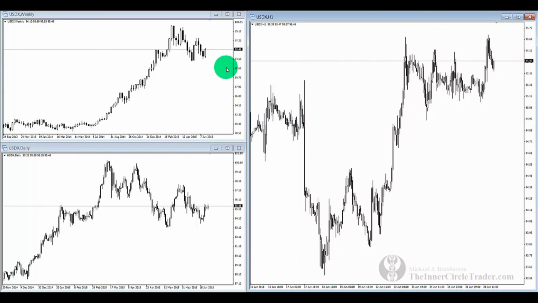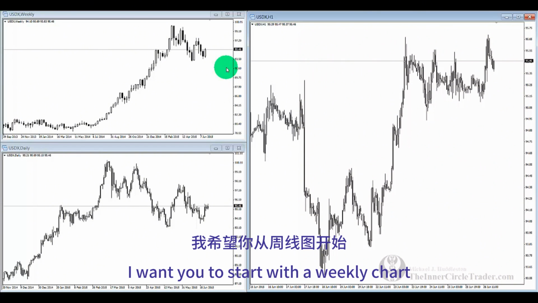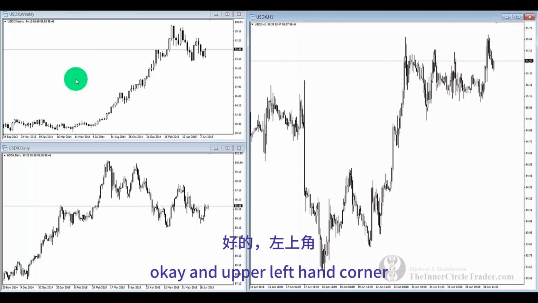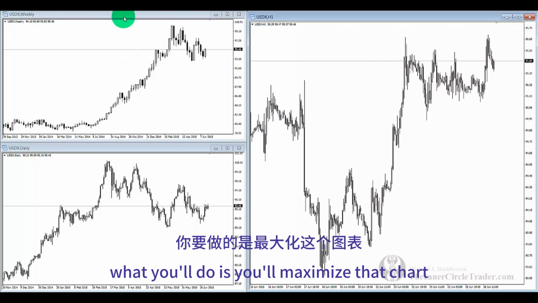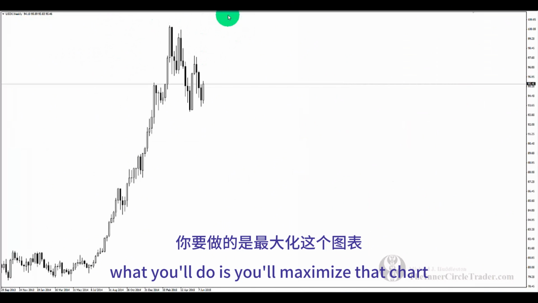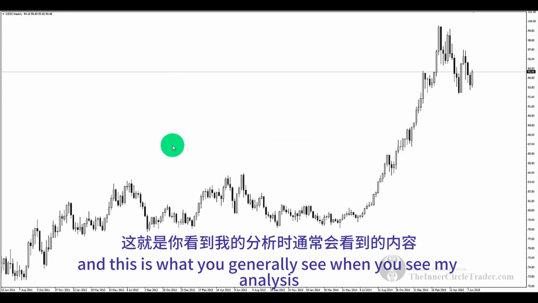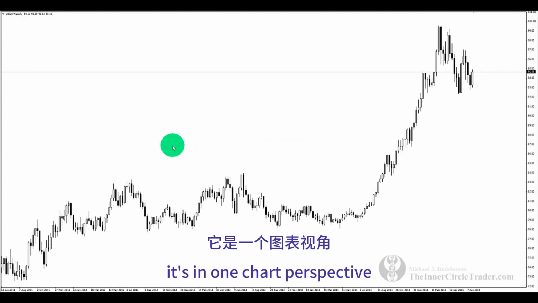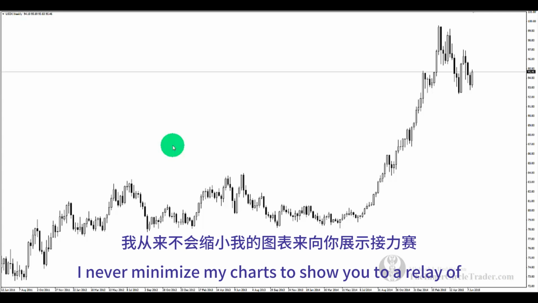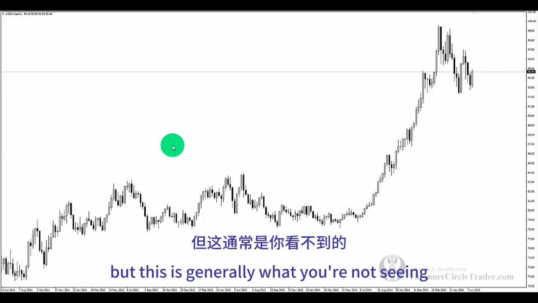But I want you to start with a weekly chart. Okay, and in the upper left hand corner, what you'll do is maximize that chart, and this is what you generally see when you see my analysis. It's in one chart perspective, and I never minimize my charts to show you the overlay of how I'm viewing the marketplace. Okay, but this is generally what you're not seeing.